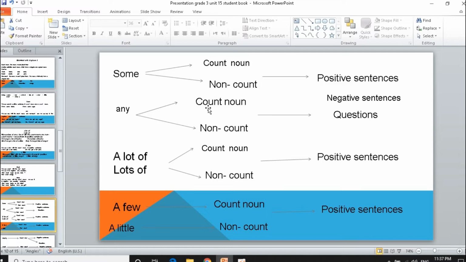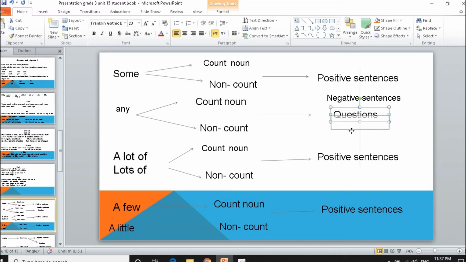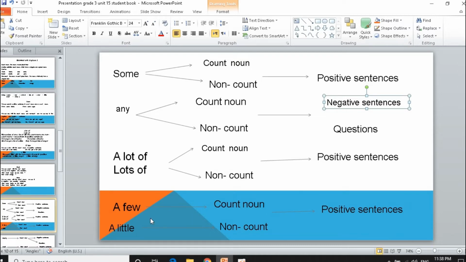Any: count nouns, non-count nouns, negative sentences and questions. Okay? A lot of, lots of: count nouns, non-count nouns, positive sentences. A few: count nouns, positive sentences. A little: non-count nouns, positive sentences.